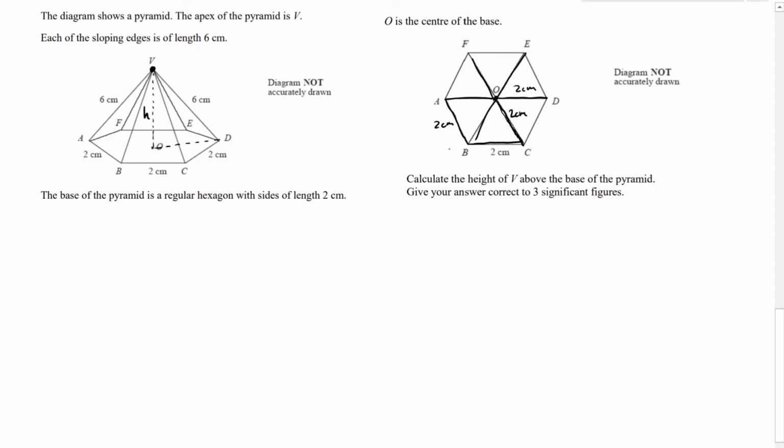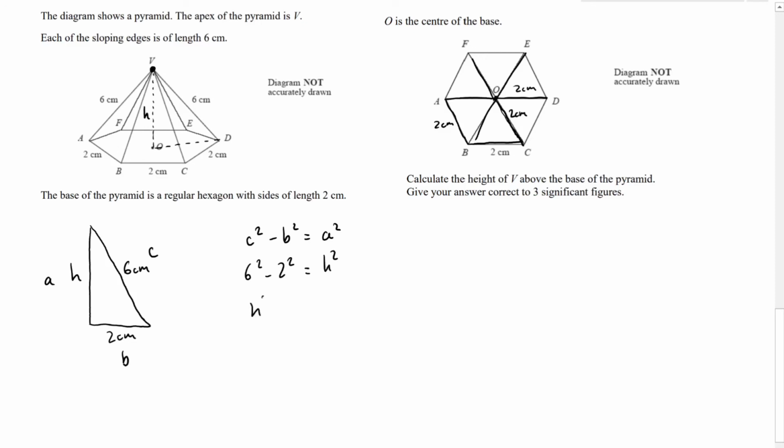To solve for H now, I've just got this triangle where I know this side is 6 centimeters long, I know this side is 2 centimeters long, and I'm trying to work out H. Now to do that, this is A, B, and C. So C squared minus B squared is equal to A squared, and so 6 squared minus 2 squared is equal to H squared. Therefore H squared is going to be 36 minus 4, which is 32, and H is going to be the square root of 32.